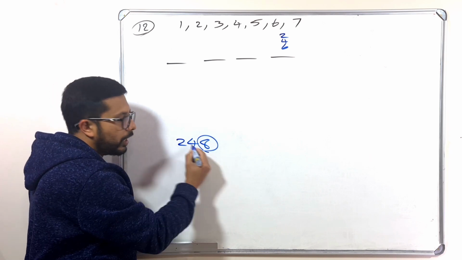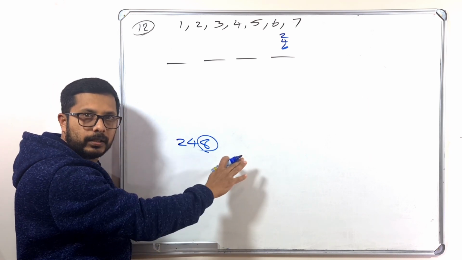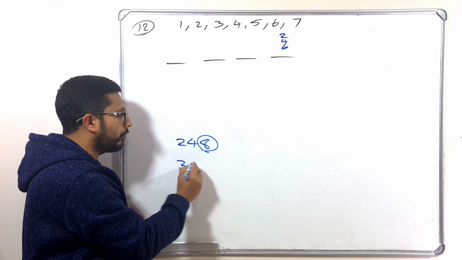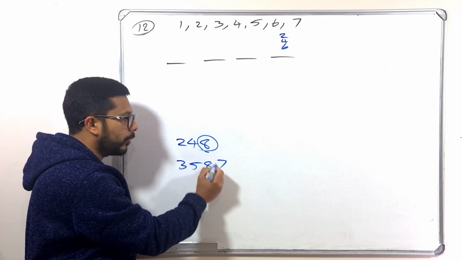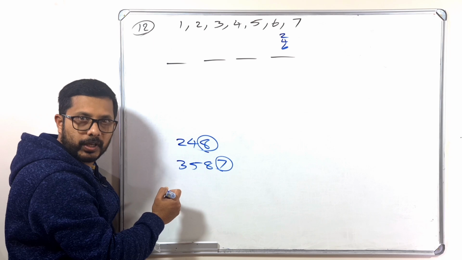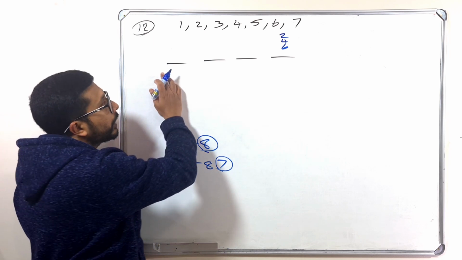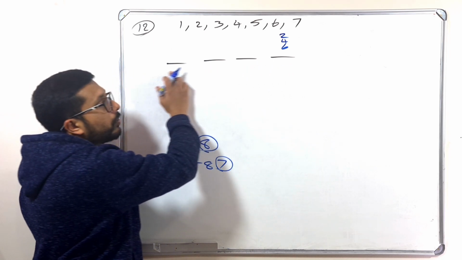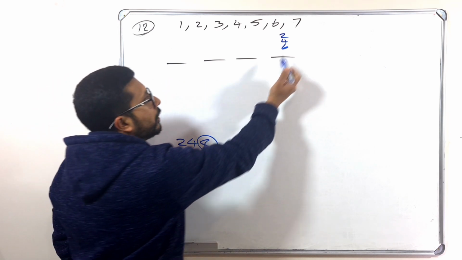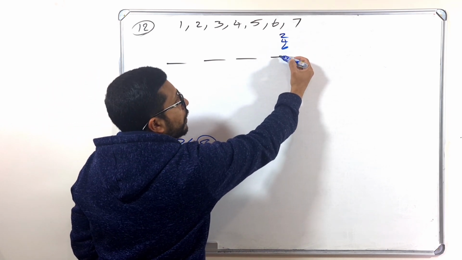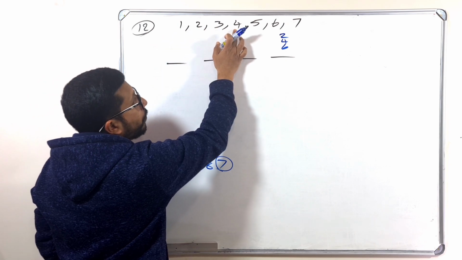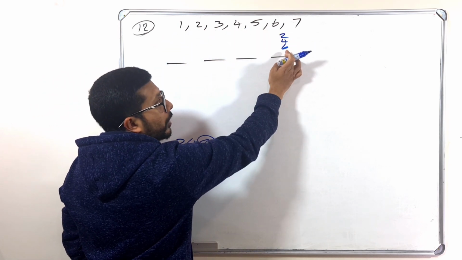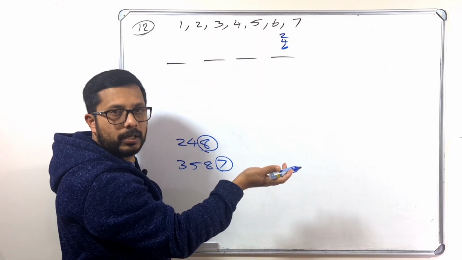Why? The last number is even. 3, 5, 8, 7 is not an even number, because the last number is not even. Similarly, if this code is an even number, the last number must be even. So the even numbers here are either 2 or 4 or 6, and it must come here as the last number.